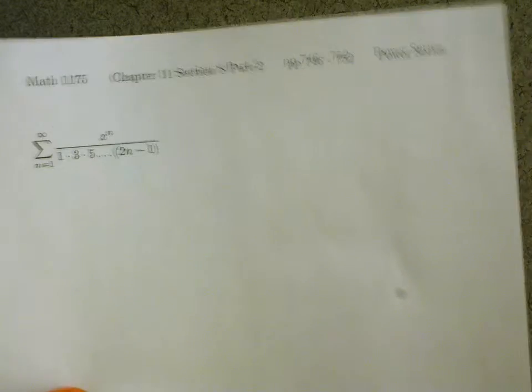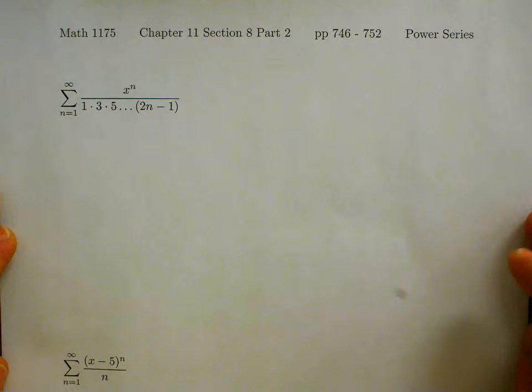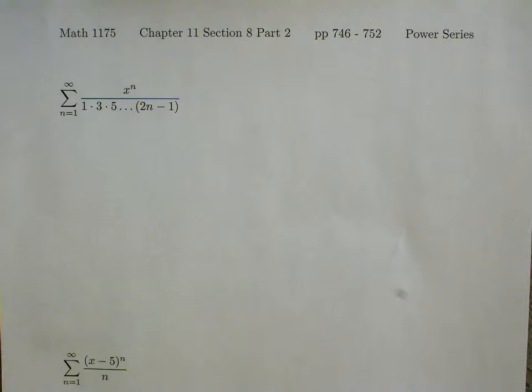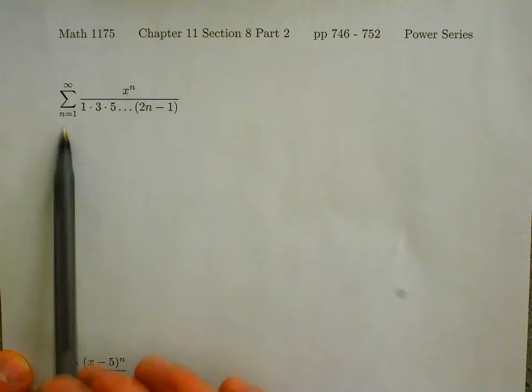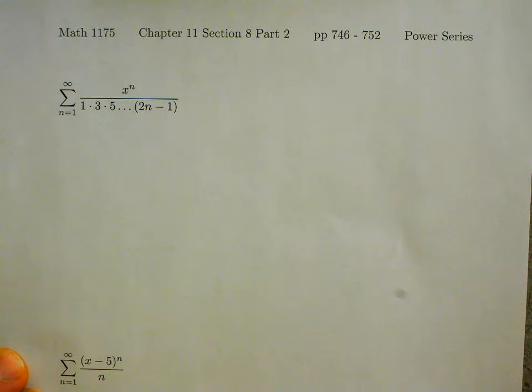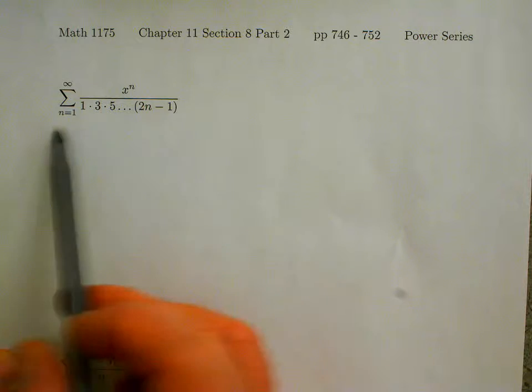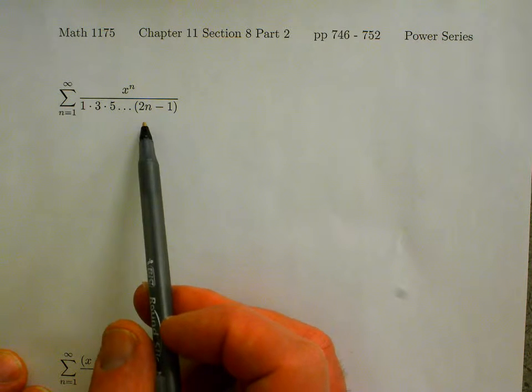Okay, the next one. The infinite series, the terms are x to the n divided by 1 times 3 times 5 and so on times 2n minus 1. N ranges from 1 to infinity. We want to find all values of x for which this series converges.